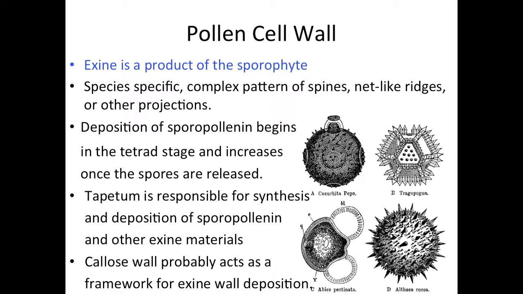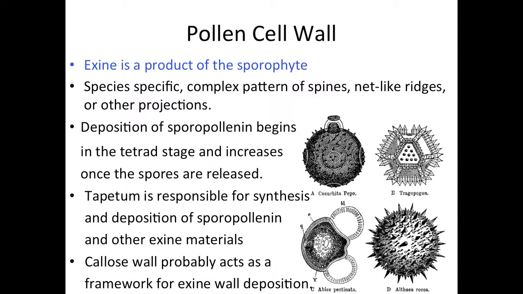The deposition of sporopollenin begins before the microspores are released from the tetrad. Once the microspores are released from the tetrad and they're single cells, cell wall production increases rapidly.